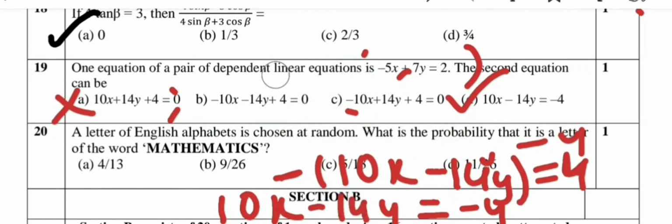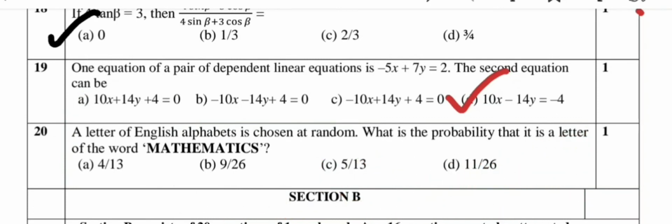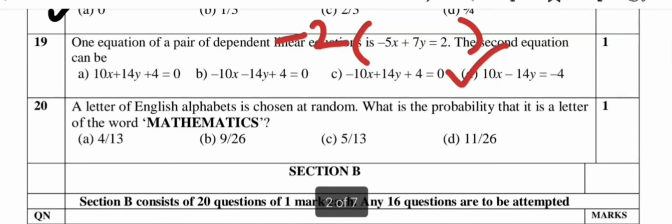That is option D. So we can make option D from the given equation. So this will be the other dependent linear equation. So you have to think about which equation you can frame from the given equation by multiplying it with some number. If you multiply the given equation with minus 2, you will get the fourth option, which is our answer.